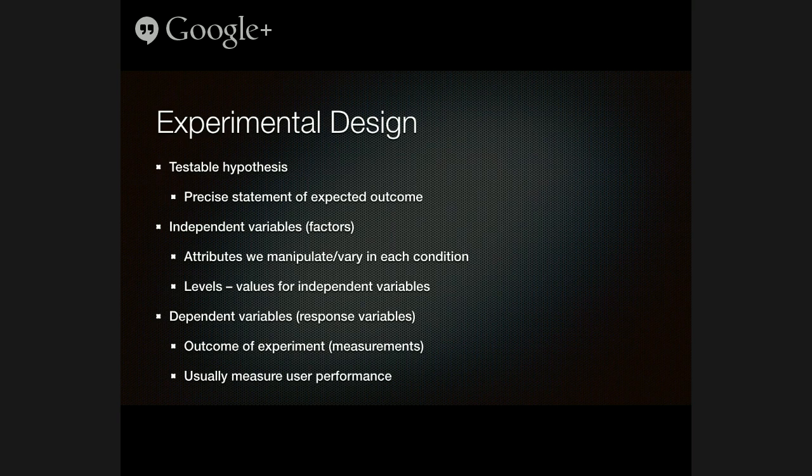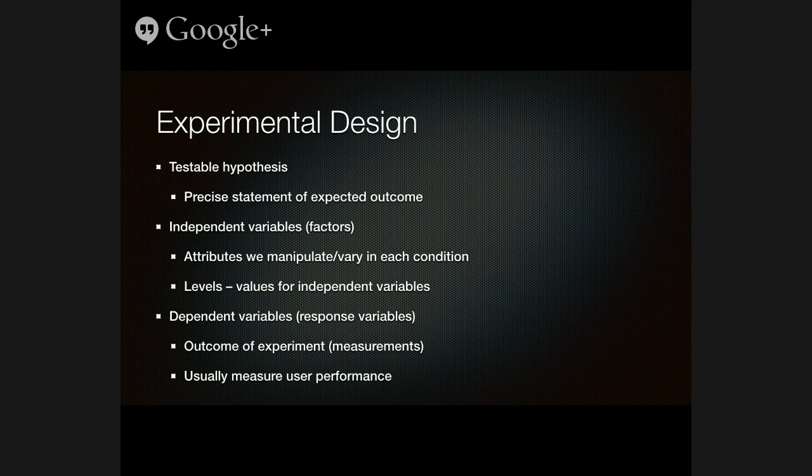That's a lucid, testable hypothesis. In that case, our independent variable would be the temperature in the room. I could set it to be 60 in here, or I could set it to be 80 in here, and that would be exploring various levels of a single independent variable.